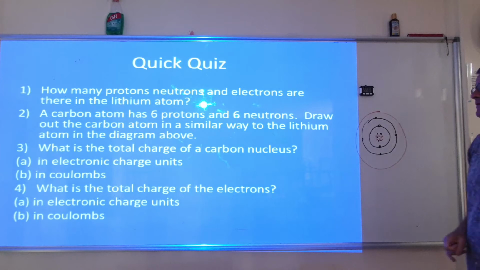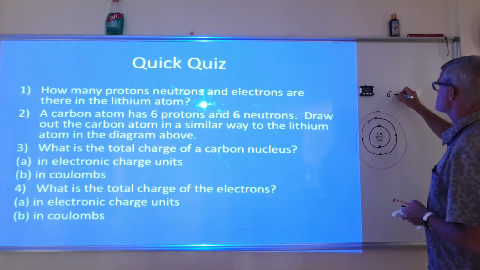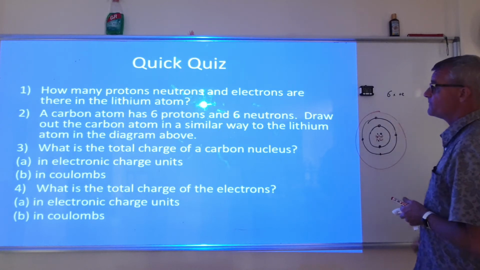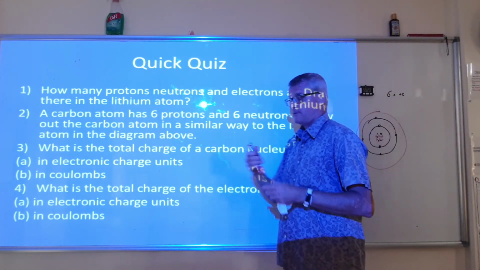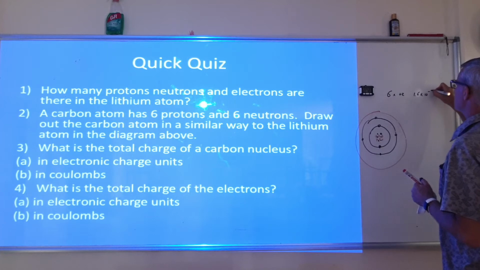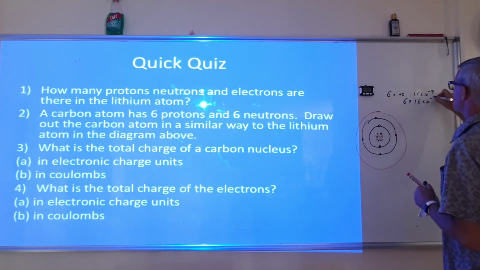Okay? How can we find the total charge of the carbon nucleus? That is 6 times plus e. You could calculate it, because e is 1.6 times 10 to the negative 19, so we get 6 times 1.6 times 10 to the negative 19.